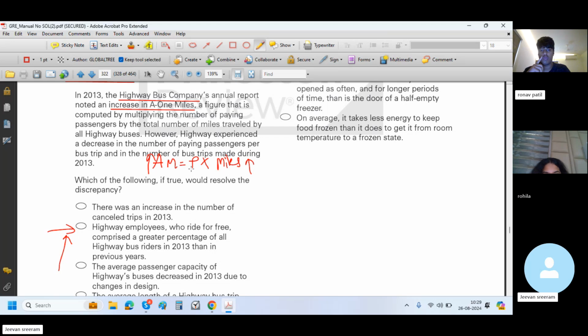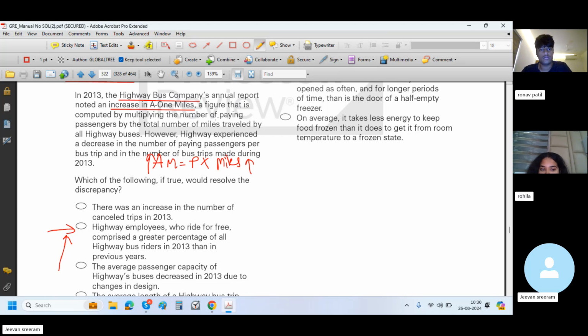When paying passengers are constant, if the number of miles traveled by them increases, you can see an increase in A1 miles. If the number of miles is constant and paying passengers have increased, even if they haven't traveled much more, you can still see an increase in A1 miles.